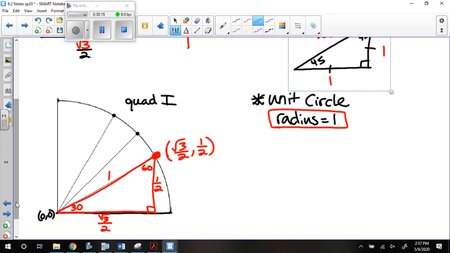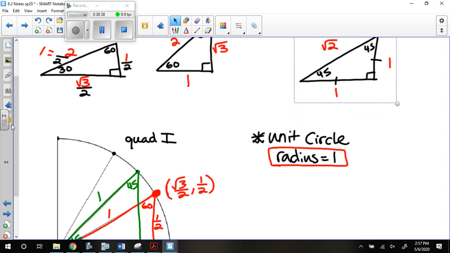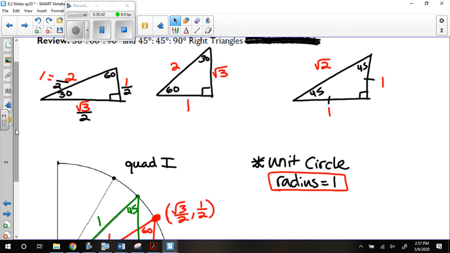But this right here would be our 45, 45, 90 triangle with a radius still of 1. Okay, so on my triangle over here, you know what, I think I'm going to color code this. Let me change these to green.